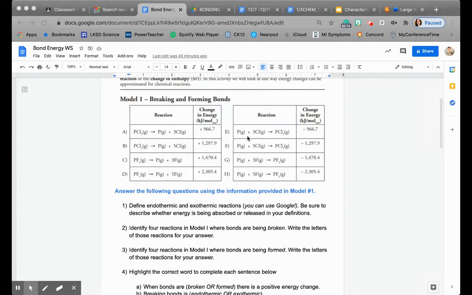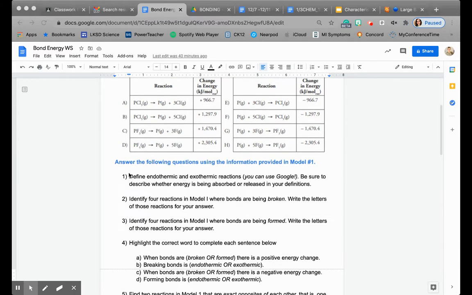But on the flip side, we're starting with a couple of reactants and we're forming one product. So you'll notice that there's some pattern to the way the data tables are set up. We're also given an exact number for the change in energy from our reactants to our products. So your job is going to be to find some patterns in this data.